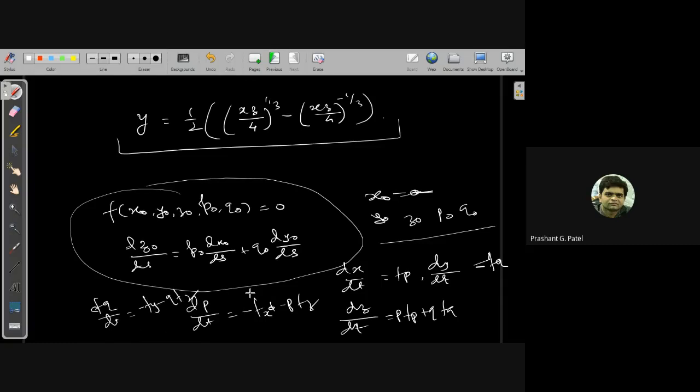Solving these five equations, you will have the values of x, y, z, p and q in terms of s and t.